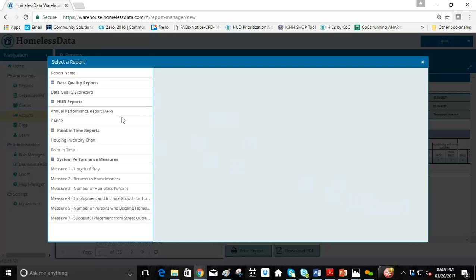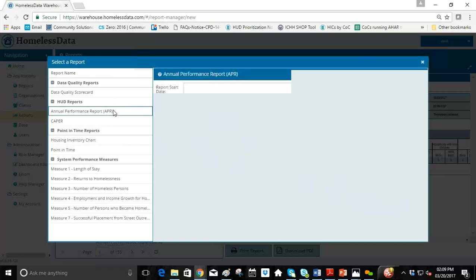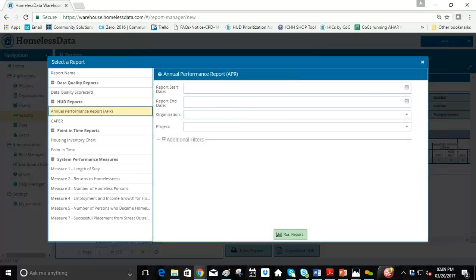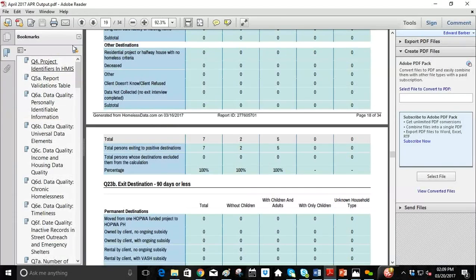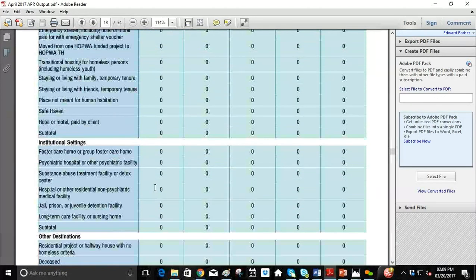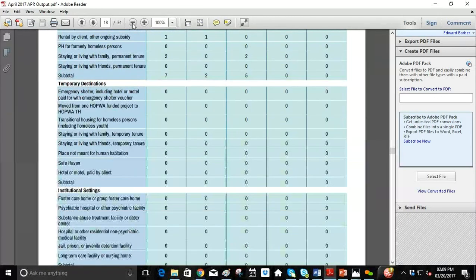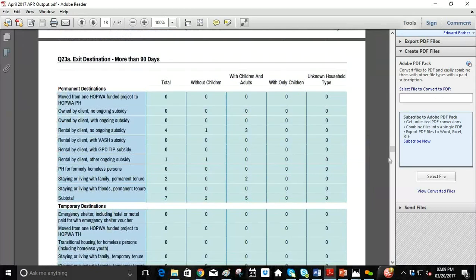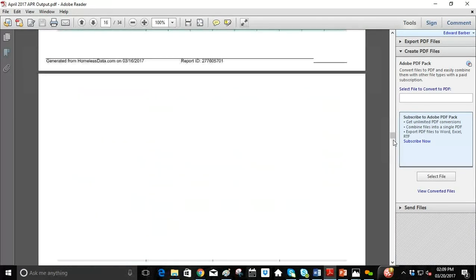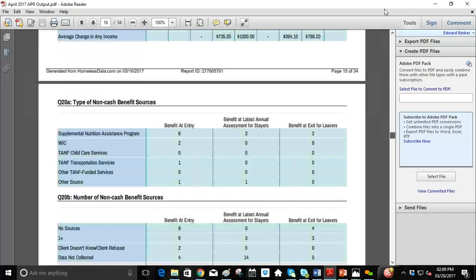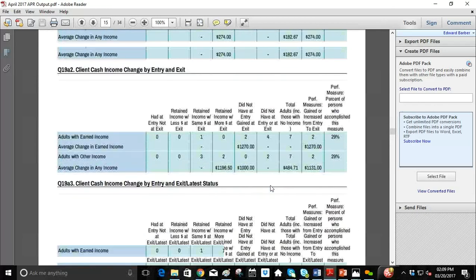Okay, so the APR is going to look a lot like the APR that's ready to roll out. We have it here. It is due from HUD to HUD next week, or in 10 days, on April 1st. We are going to have the same output that we've had. Here are some changes.